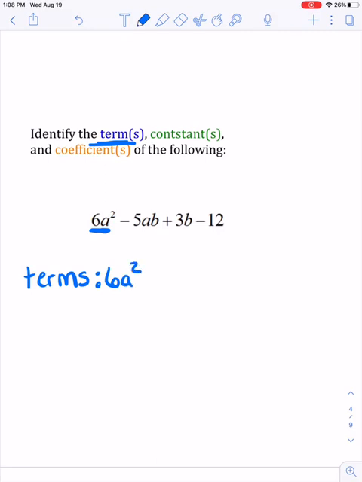It's a product of a number and a variable. Another term is negative. Always take the sign in front of it. It's a negative 5ab. A third term is just 3b, and that's positive. And my last term is negative 12. Those are all terms in this expression.